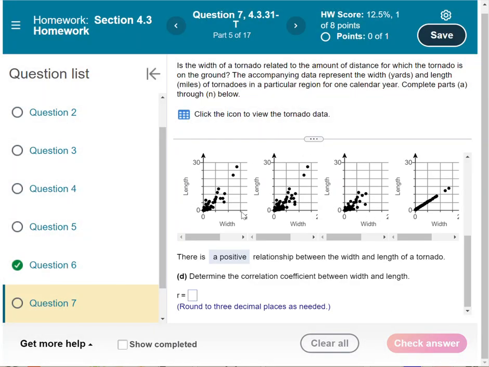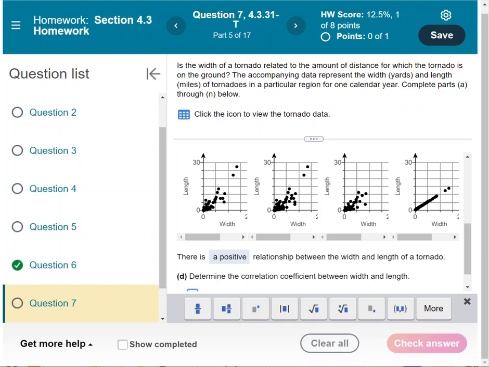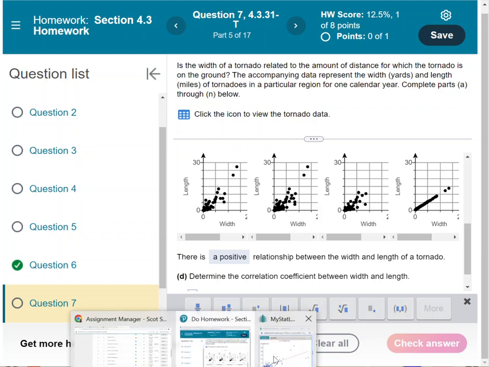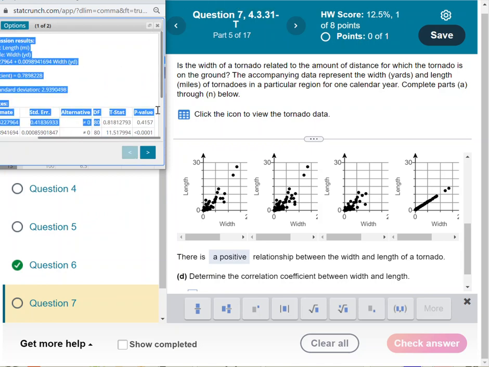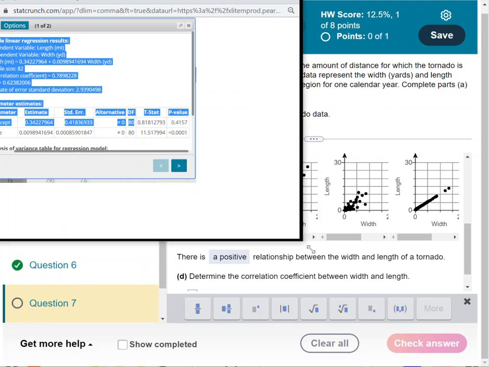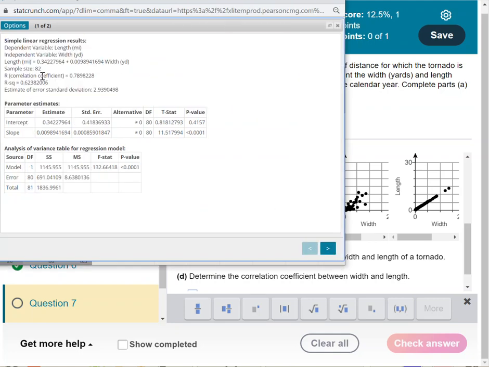All right. Determine the correlation coefficient. Oh, and I didn't write that one down. Let me go ahead and grab that. Let's make that a little bigger. So R was 0.7898.